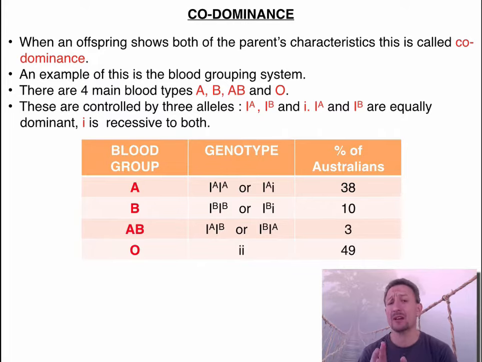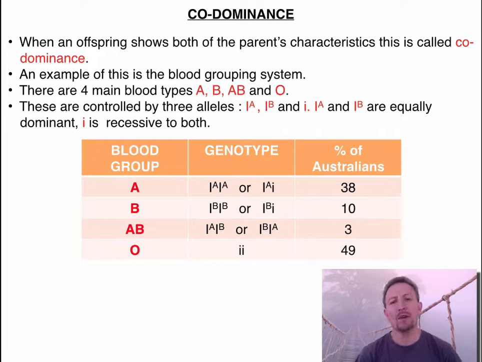It's not a mixture, and because it's not a mixture, we call them AB, because they're showing A traits and also B traits. There's no mixing whatsoever, so they just exist as I A and I B. As a result, the blood group is AB.